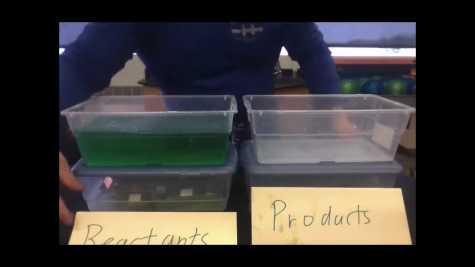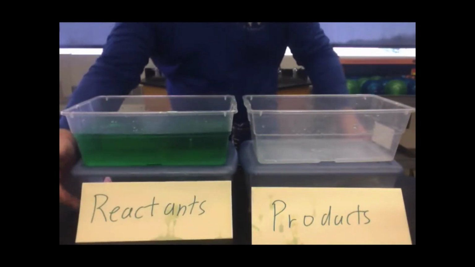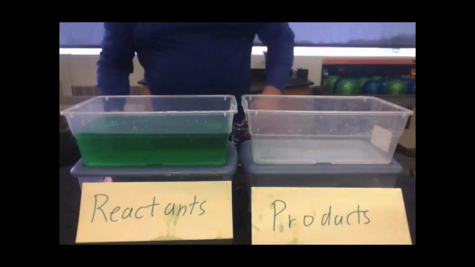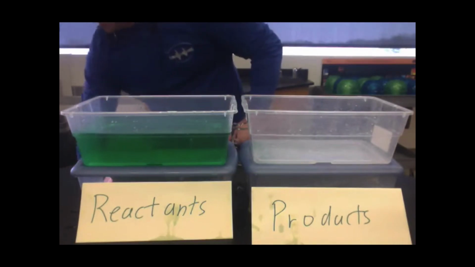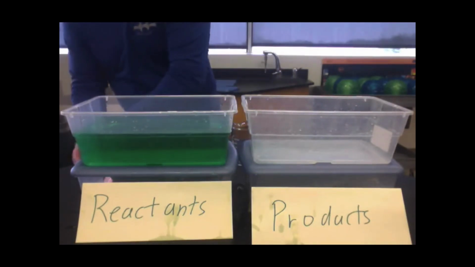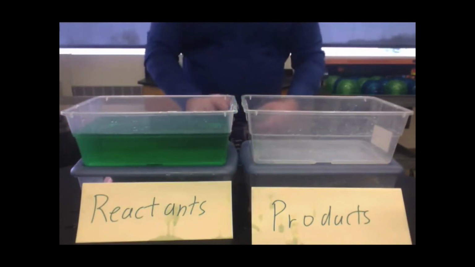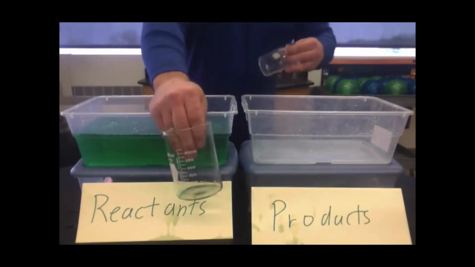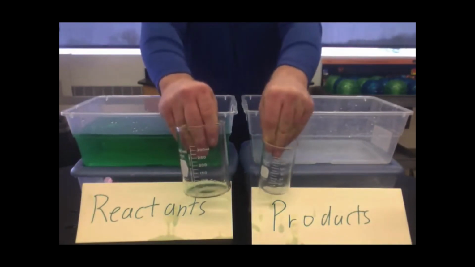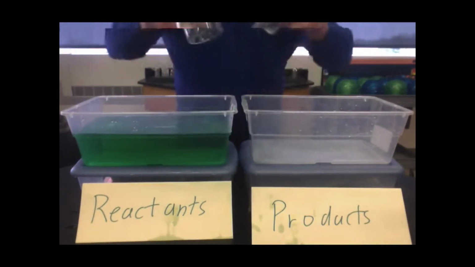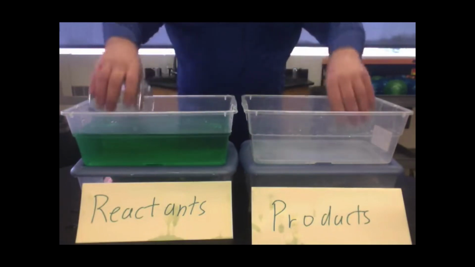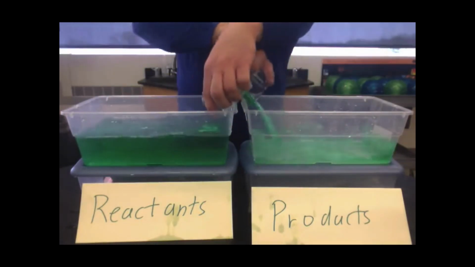If we reset our setup here, and we begin again, but this time, instead of having equal amounts, we have very unequal amounts, where I'll again use the big beaker as reactant. I'm going to use the little guy for my product side. Okay, so in our very first scoop, again, it's all reactant, no product.